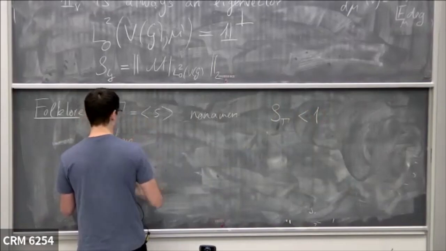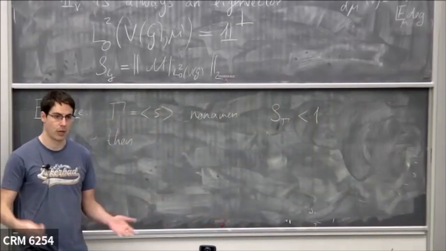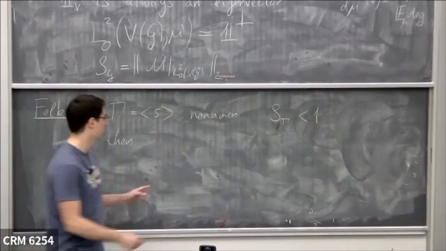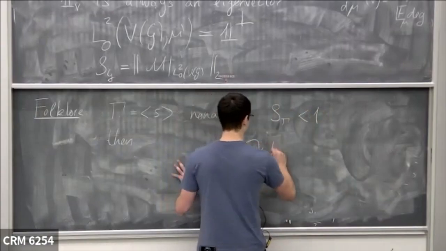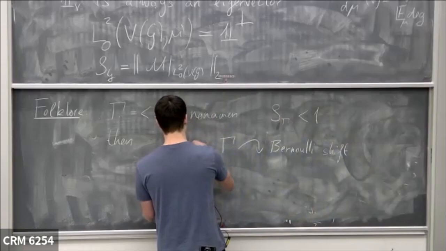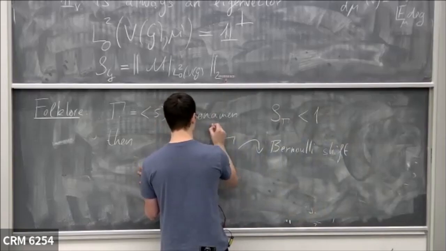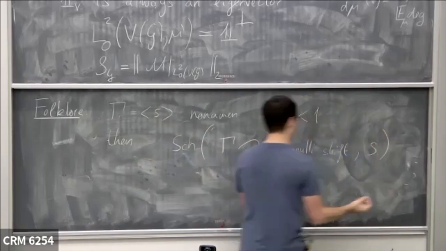Then you can look at its Bernoulli shift, or rather the graph you get by looking at gamma acting on its Bernoulli shift. So I have gamma acting on the Bernoulli shift, and then you can look at the Schreier graph of this action with respect to this set of generators.